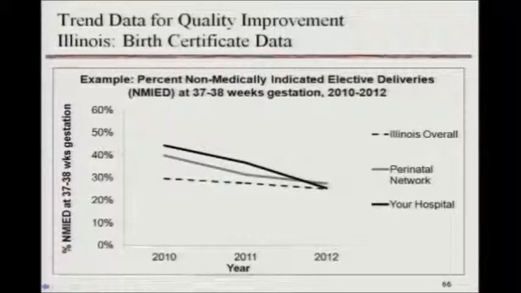So this is one way. We have a regionalized perinatal system here, with 10 perinatal networks across the state. One thing that we did with just the vital statistics data is we provided every hospital with their trend line, the trend line for the perinatal network that they're in, and then for the state overall.